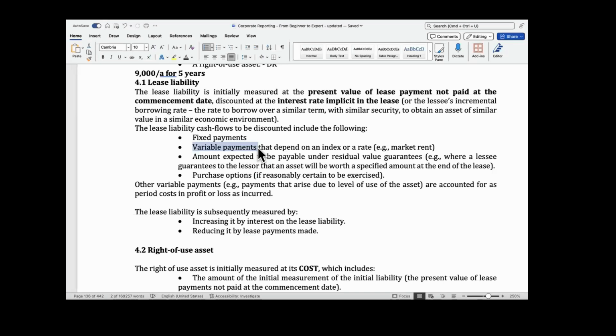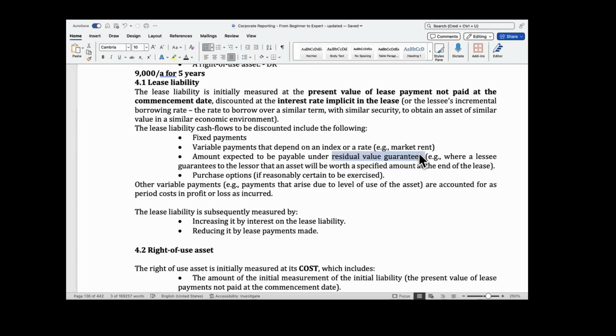And also, there's something we call a residual value guarantee. Depending on the contract, the lessee might have guaranteed the lessor that the asset will be worth a specified amount at the end of the lease. This clause is always there just so that the lessee will not misuse the assets.